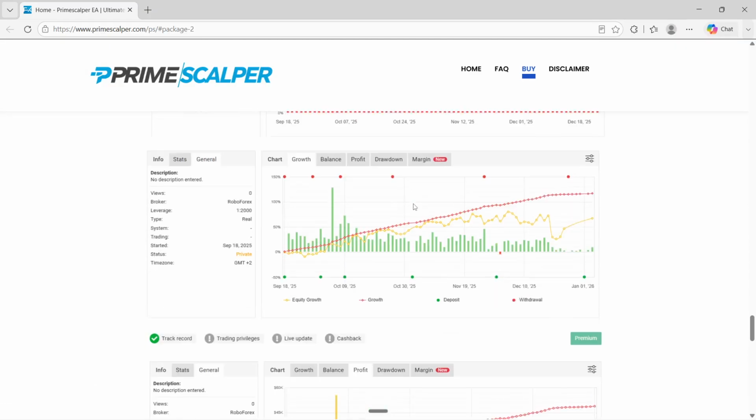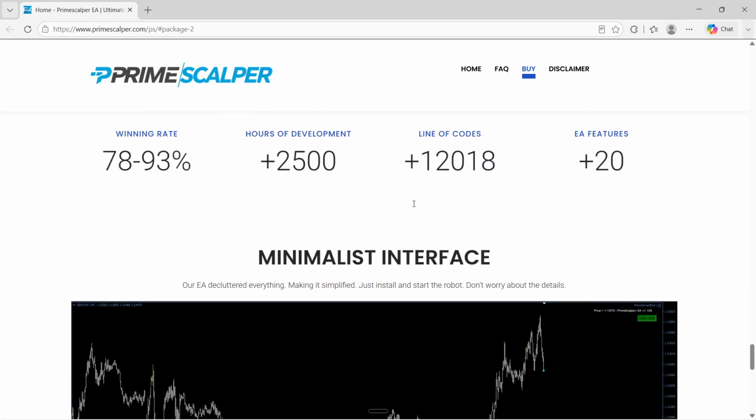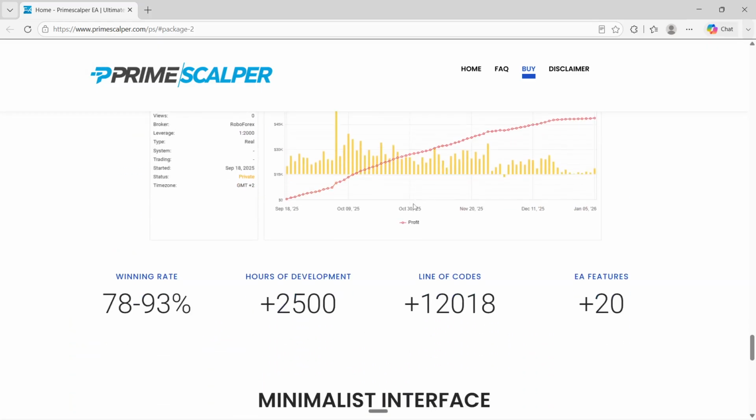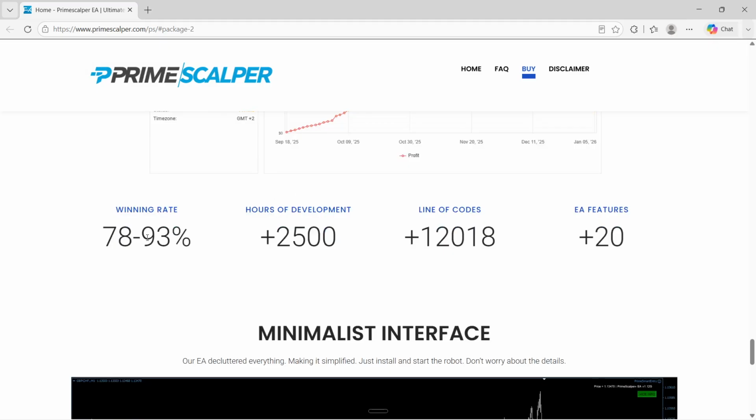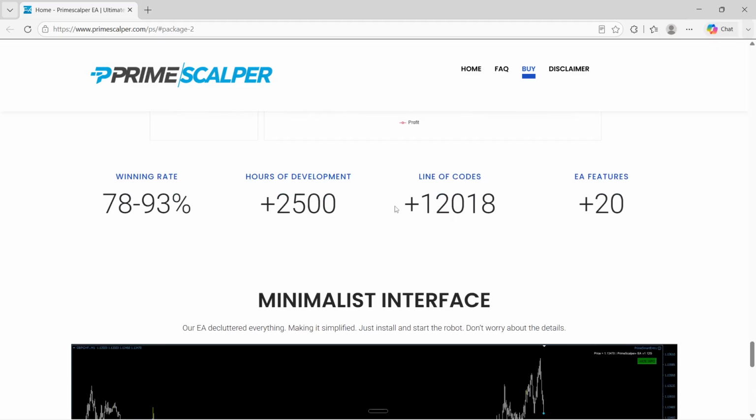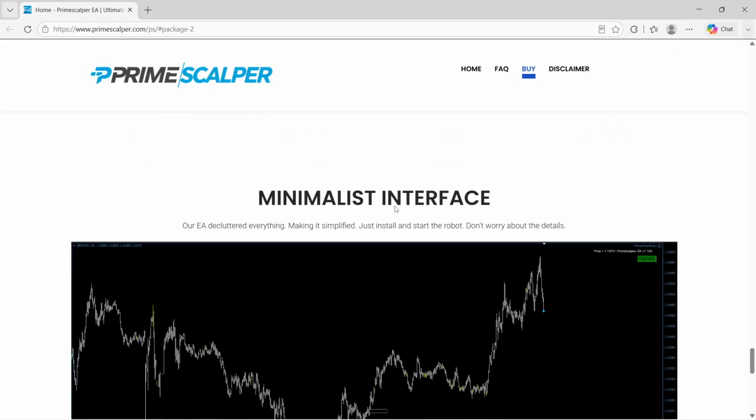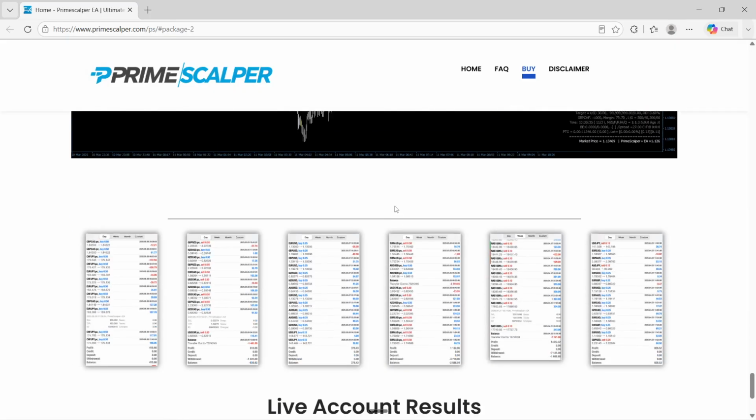All right, so those are the claims. We have a couple more screenshots on the website. You can see they claim a winning rate of 78 to 93%, and some other stats.